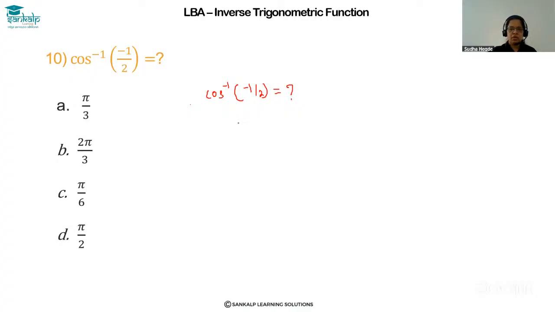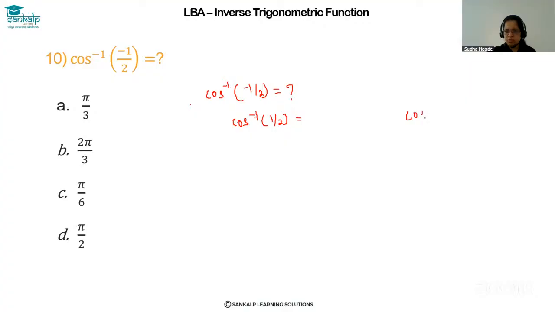Correct? So can you tell me cos inverse of 1 by 2 is equal to, or for what value of cos angle you are going to get the answer as 1 by 2?